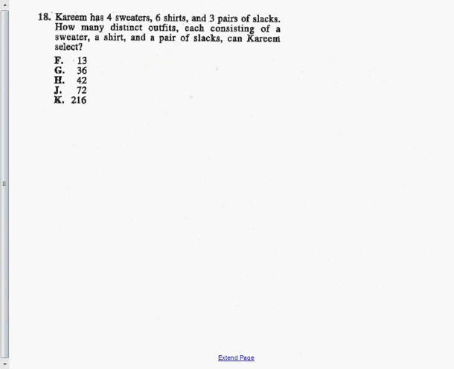Okay. Kareem Abdul-Jabbar has four sweaters, 6 shirts, and 3 pairs of socks. How many distinct outfits, each consisting of a sweater, a shirt, and a pair of socks, can Kareem select?